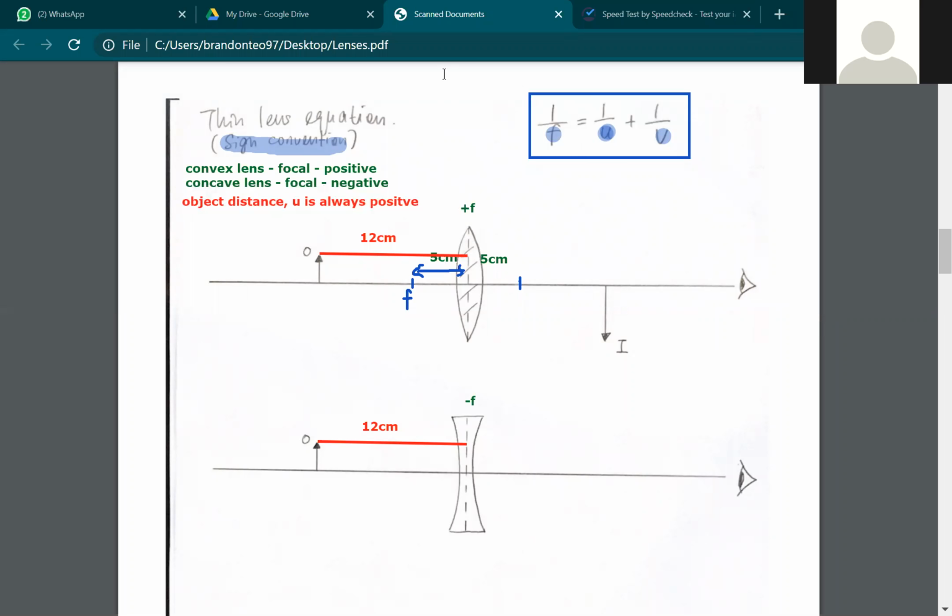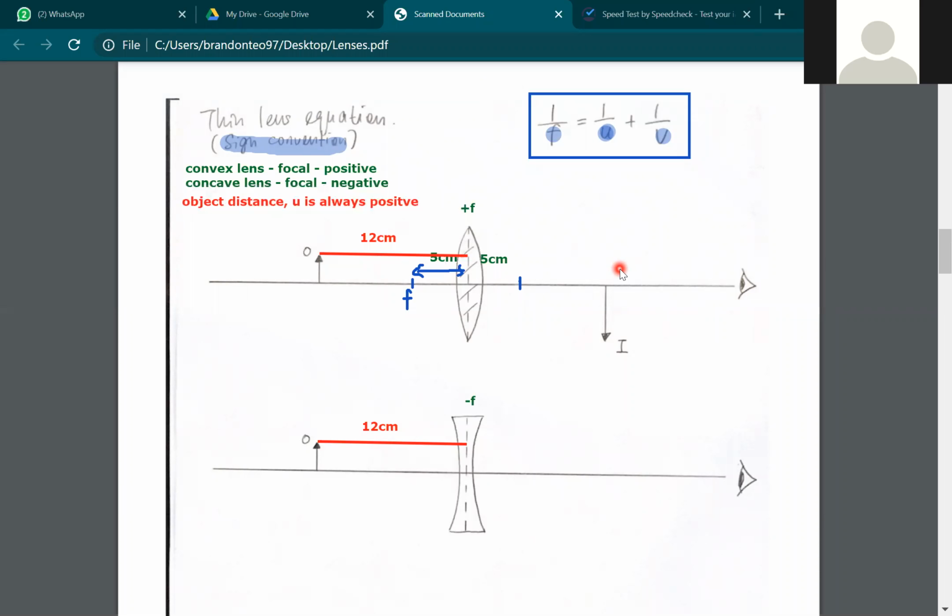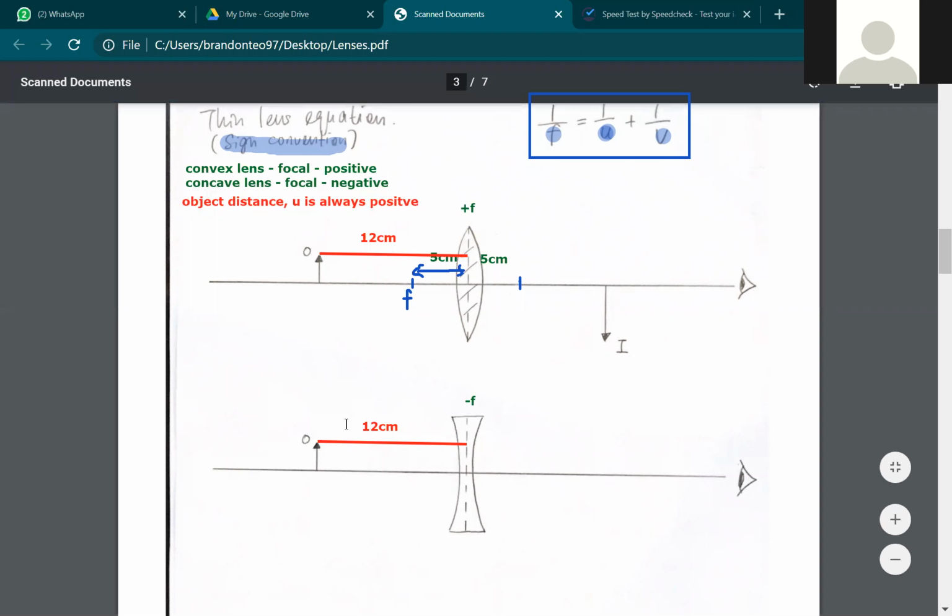For question involving one lens only, you always take positive. 如果你有两个 lens 在一起时，那个有可能你的 object distance 是 negative. 等下我会 show 你一个 example where you have two lenses together. Now for now, whenever you have one lens only, the object distance is always positive. So in this case, you are going to take positive 12, and this one is also positive 12. Okay, so far so good.